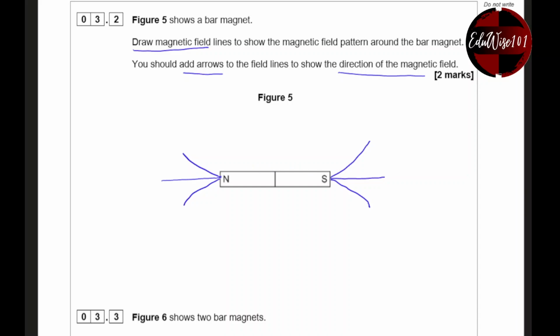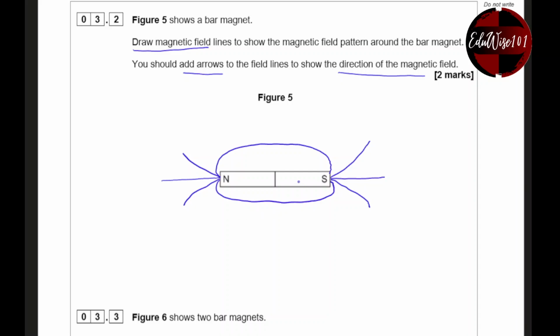And then you draw 1 line on the top going from the North Pole to the South Pole. You need to make sure that the lines are not crossing each other. As you can see, my lines are not perfect, but that's fine as long as they're not crossing each other.